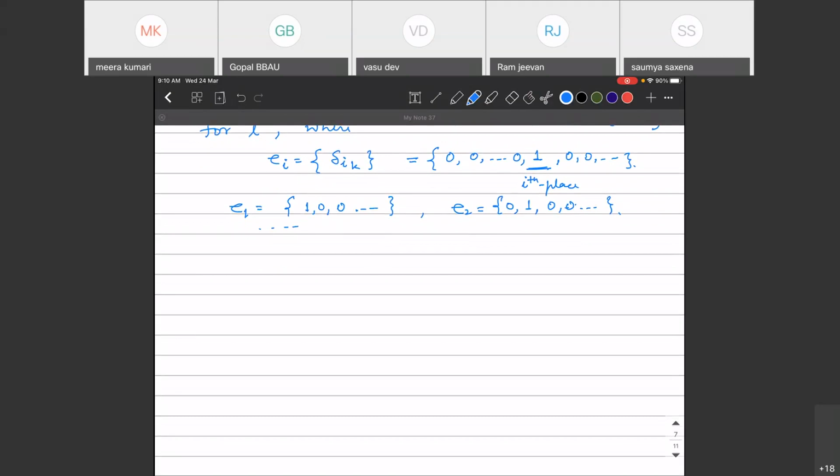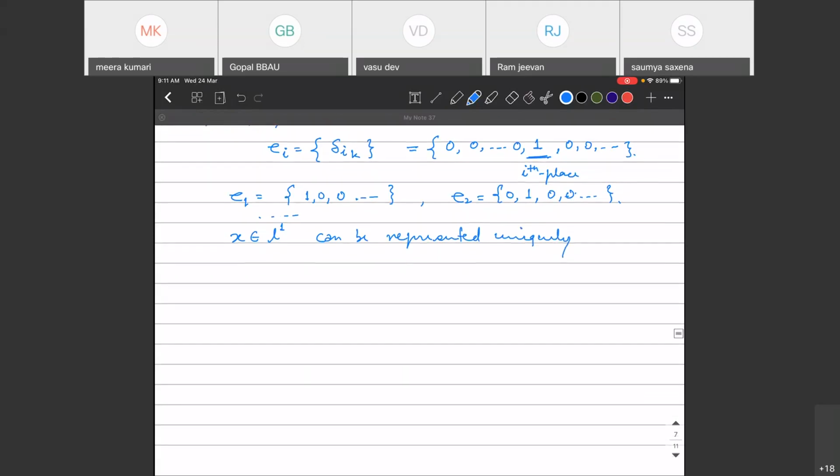Since this is a basis, any element X of L1 can be represented uniquely in this form.